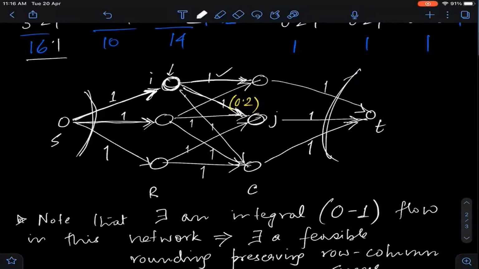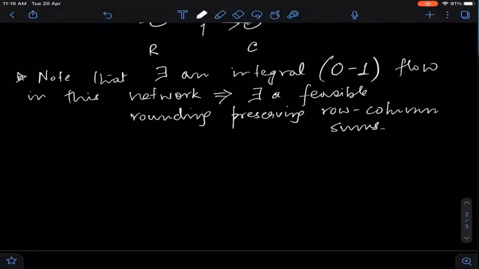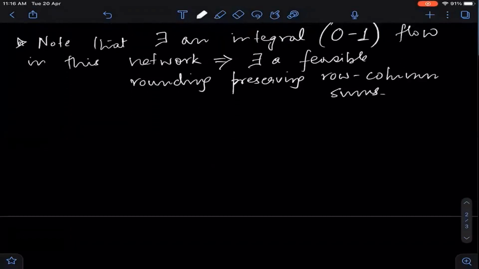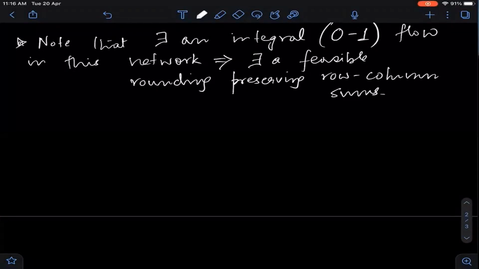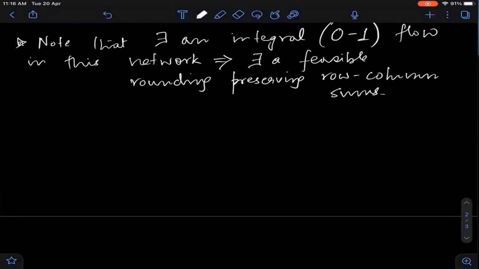Okay, good. So let's now move on to the next application that I wanted to show. And in fact, this is going to be an application of the min cut problem. By the way, how do I find the min ST cut? Suppose I give you a capacitated network and I ask you to find the min ST cut.